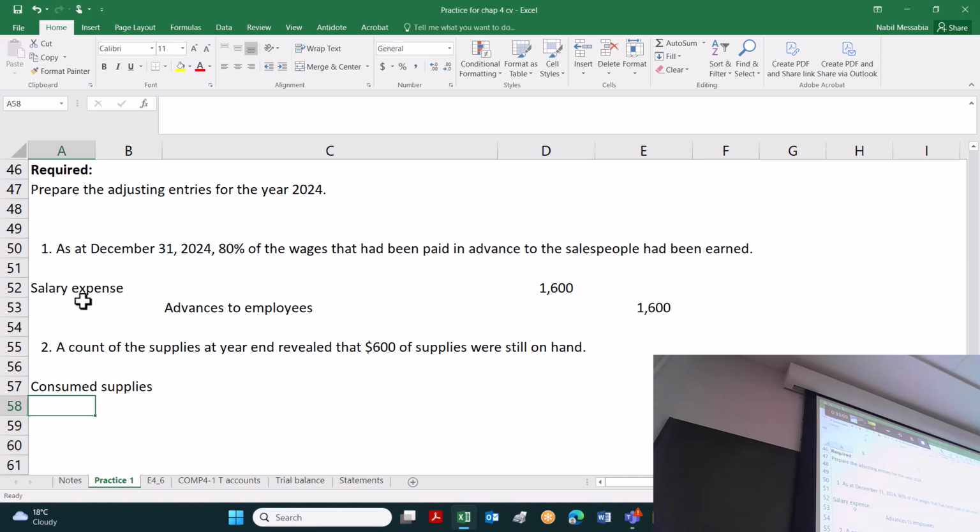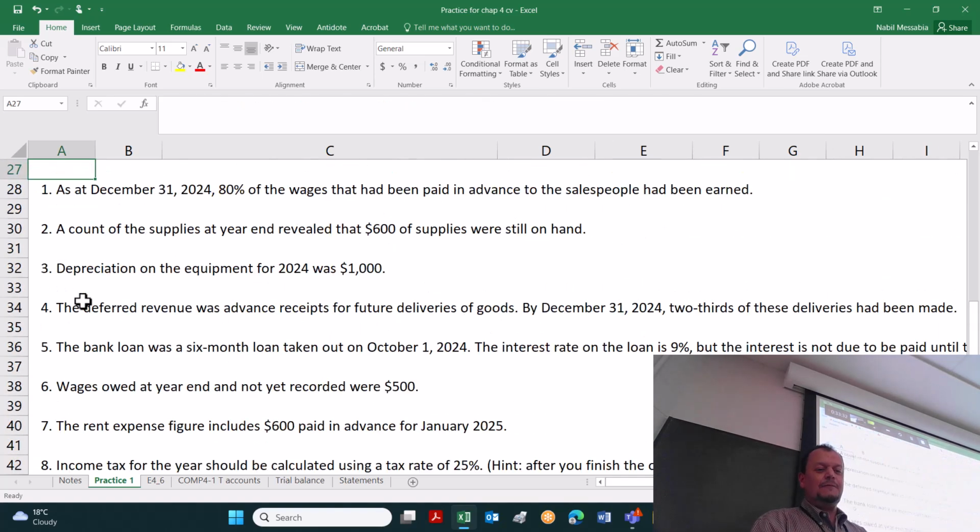So, okay, let's start. What could it be? A liability? If I credit a liability, it is as if I had a new debt. The supplies have already been purchased before. Is there any debt? No. But an asset will decrease when you consume supplies. What asset decreases when you consume the supplies?